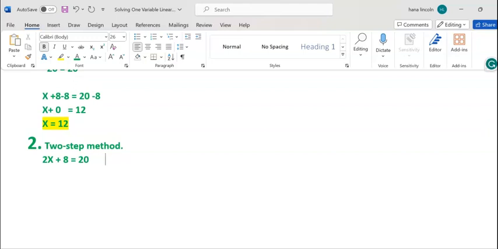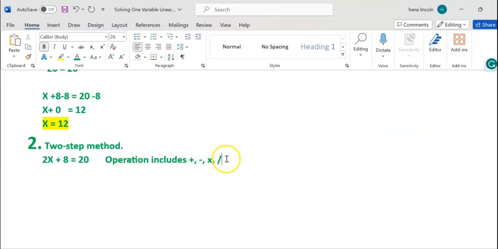Let me explain what I mean by operation. Operations include plus, minus, multiplication, and division. This is a division sign.